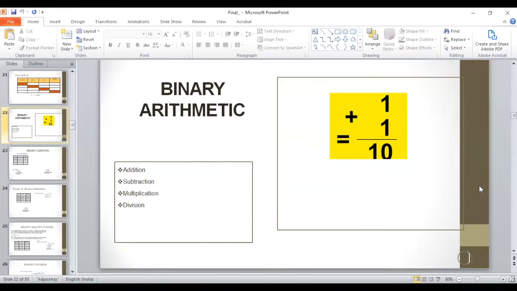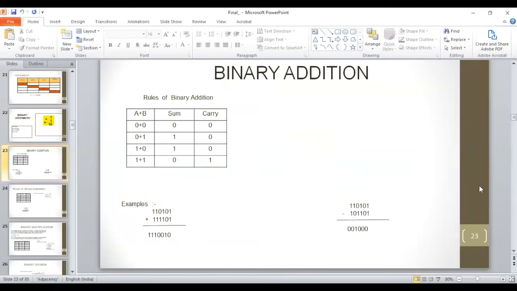1 plus 1 is 0 with carry 1, which is not acceptable in the truth tables of the logic gates. Binary addition, keep it very clear. When the two input values are identical in nature and have a high value, the carry would be 1 and the sum would be 0. I hope I make it clear.